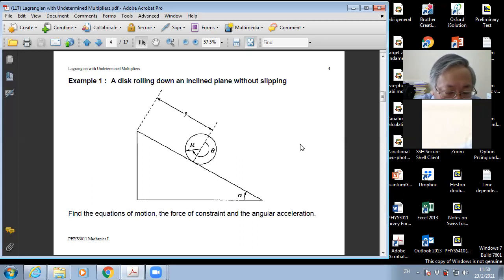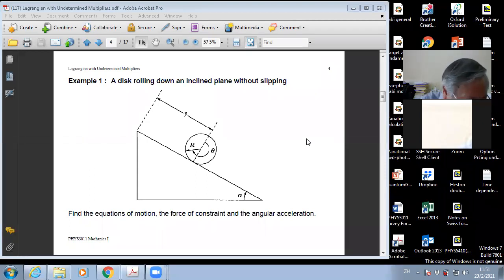We are asked to find the equation of motion, the force of constraint, and the angular acceleration, right? Now we have encountered this before within the context of Newtonian mechanics, so we are not going to repeat that here.